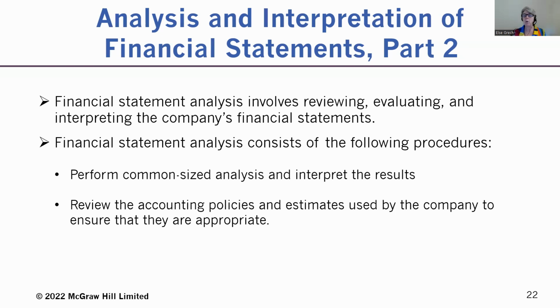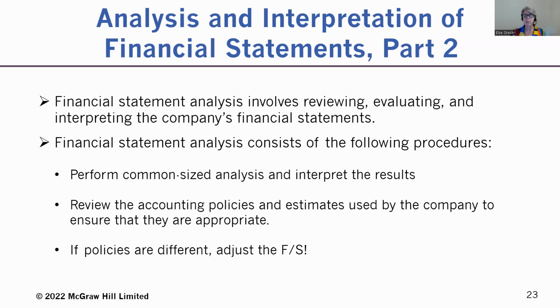If there is no good reason for the difference, then the next procedure in financial statement analysis is to adjust the financial statement so that the same policies are used. We can't compare two companies if they're using two different policies and there's not a good reason for the two different policies. It really is intended to make the statements comparable between different companies in the same industry.